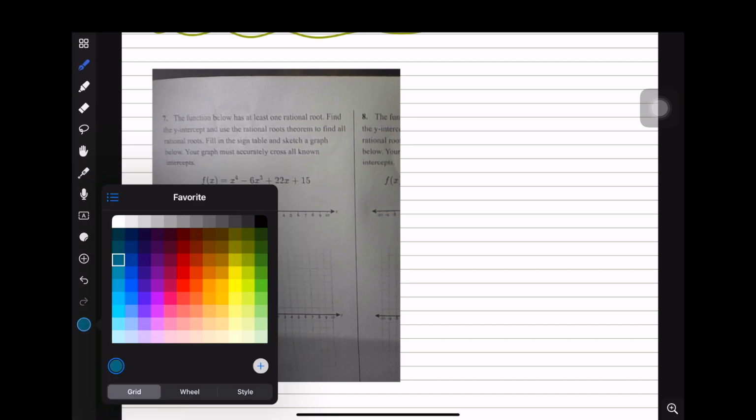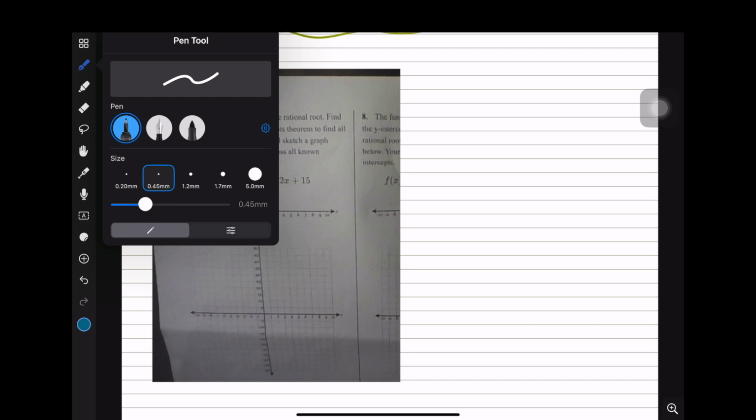So this comes from pre-calc, and what this problem is essentially doing is trying to get you to learn how to graph polynomials. Since you have to find all the known intercepts, the easiest thing to do is just to start by finding the y-intercept. So in order to do that, you know that every y-intercept has the value of x as 0.